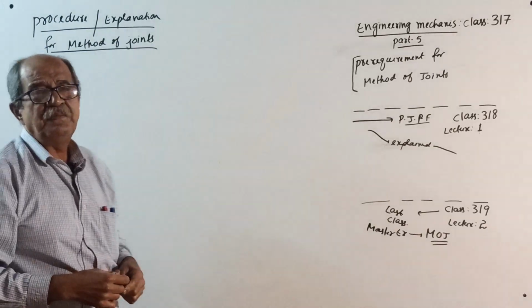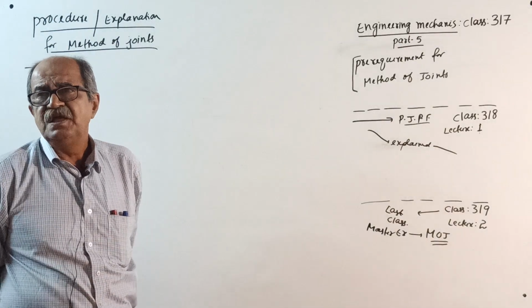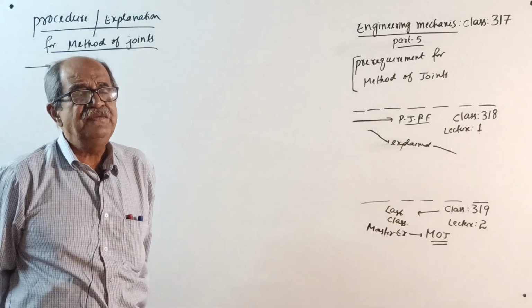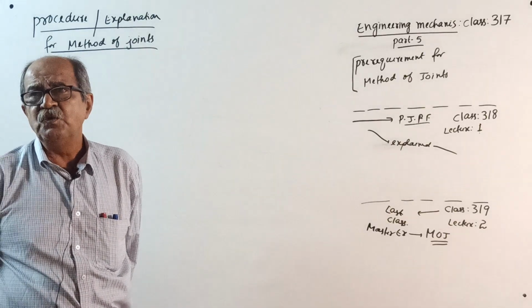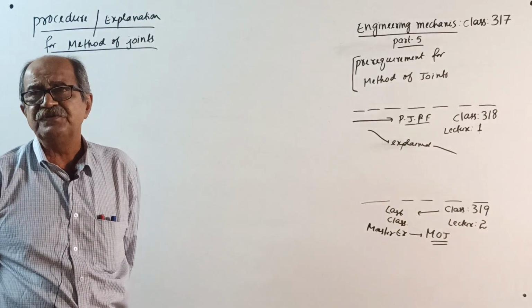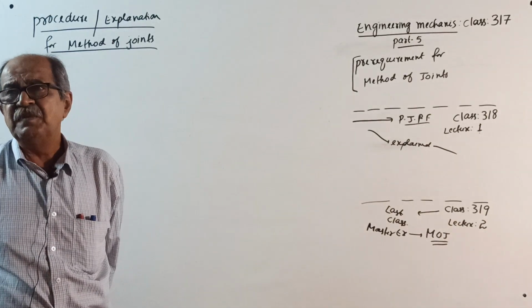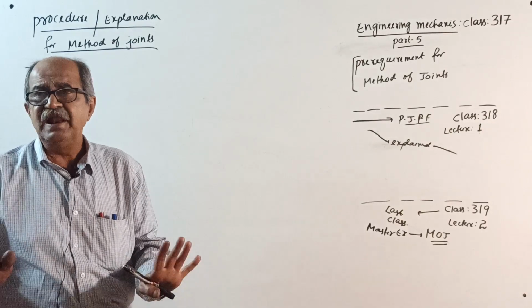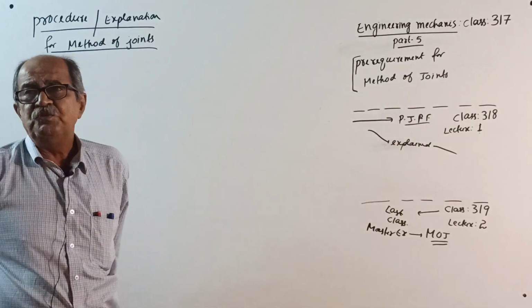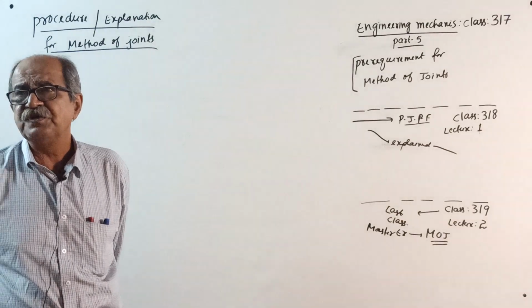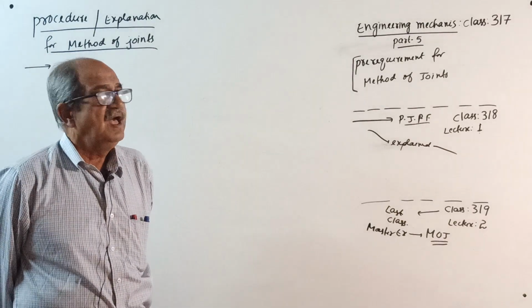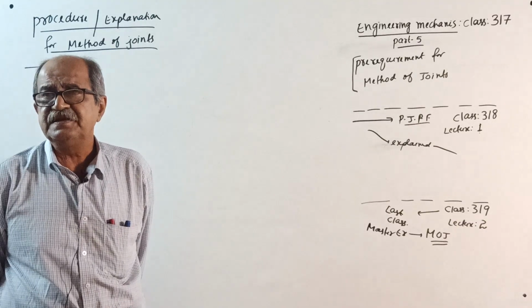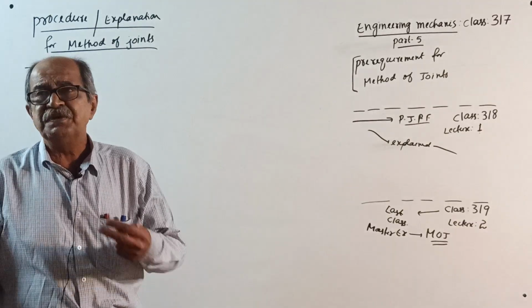When you analyze a pin-jointed plane frame, analysis means finding axial force in the members. Maybe all the members or some members, that I will tell later. So the purpose is to find axial forces in the members. Axial force can be either tensile in nature or compressive in nature.